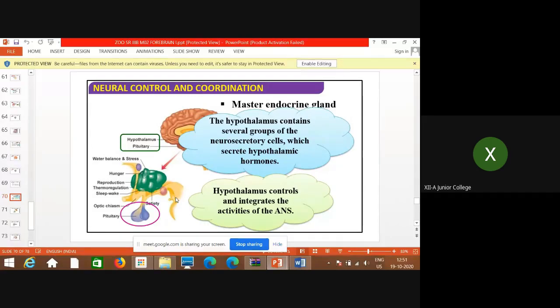One of the most important endocrine glands is considered to be the hypothalamus, which contains several groups of neurosecretory cells that secrete hypothalamic hormones. The hypothalamus controls and integrates the activities of the ANS, the autonomic nervous system.